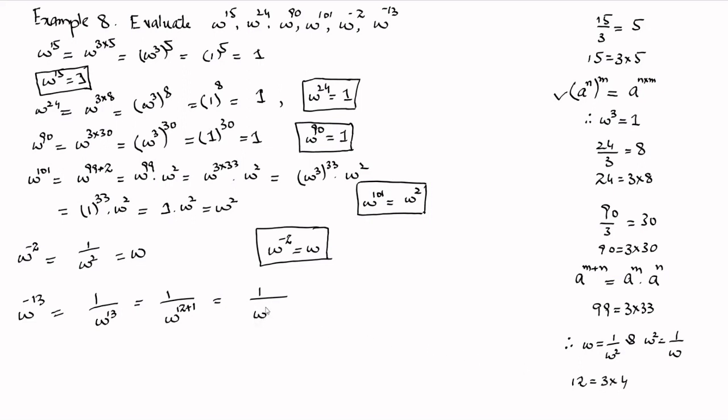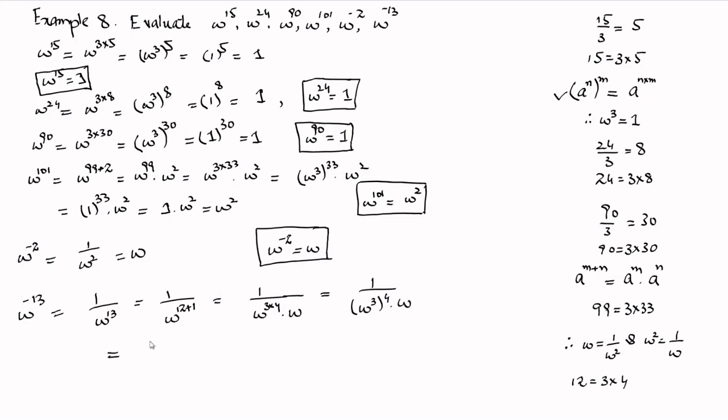So write omega 12 as omega raised to the power 3 into 4, and multiplied with omega raised to the power plus 1, which is omega. So we have omega cube raised to the power 4 into omega.